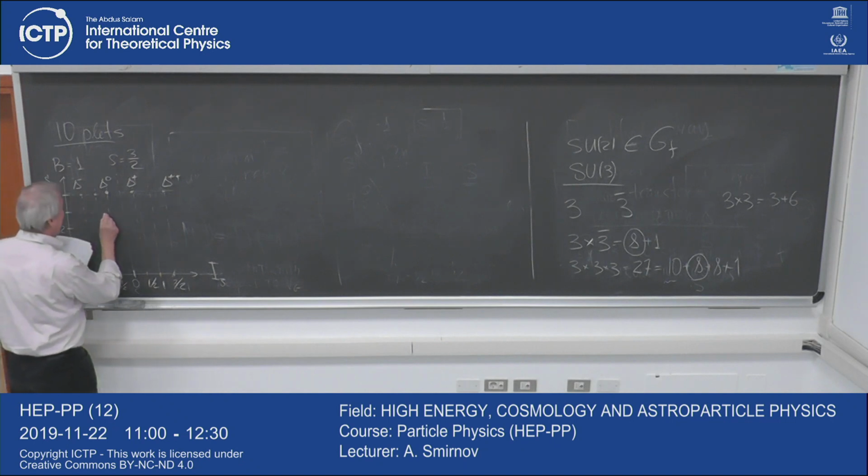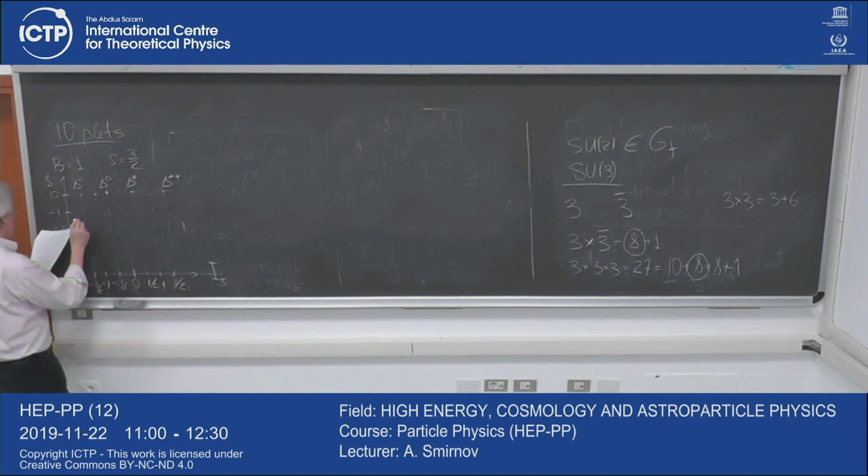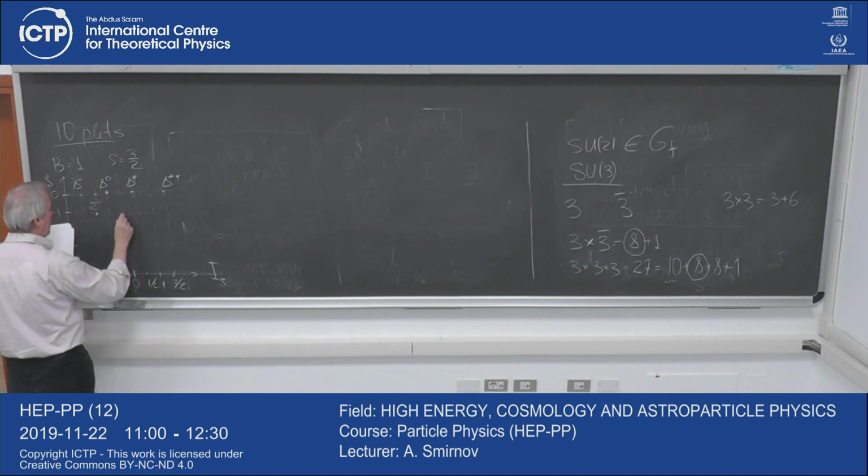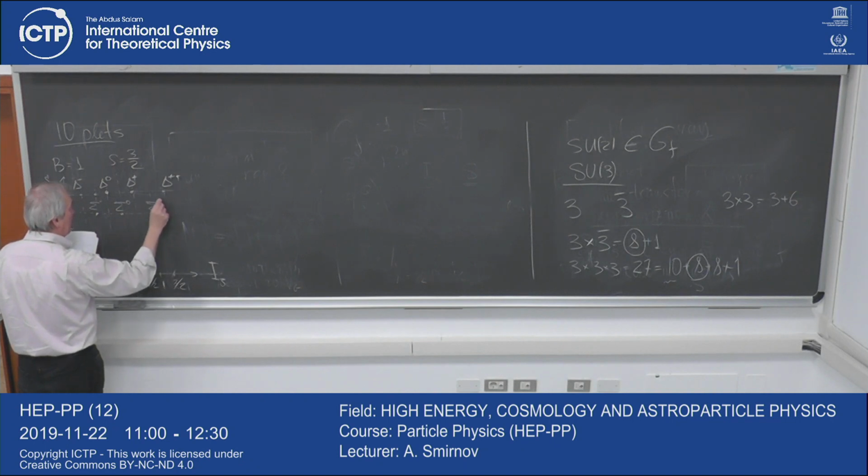So next one is sigma, but this is another sigma with spin 3/2. We had already sigma before. So sigma minus, sigma 0, and sigma plus.